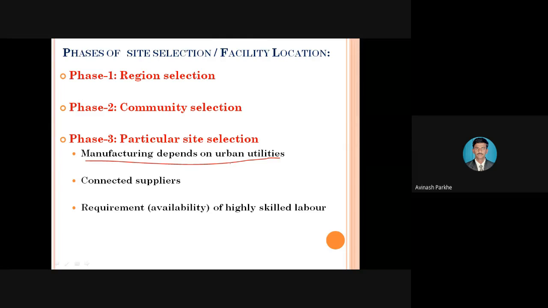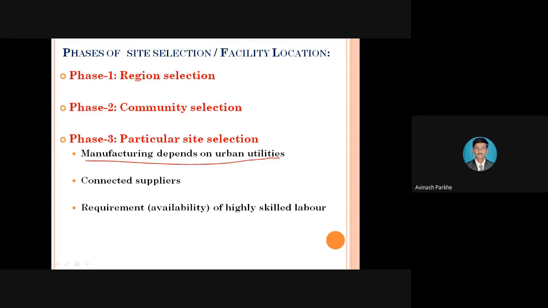But whenever I start my industry in an urban area and have to purchase the site, before purchasing, first of all I have to check whether land is available or not. And if it is available, what is the cost of that land?